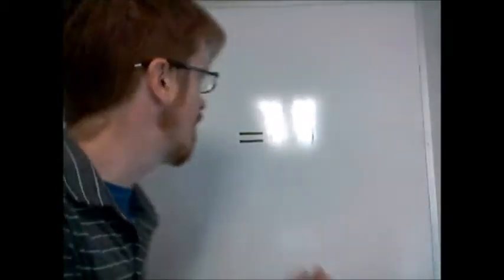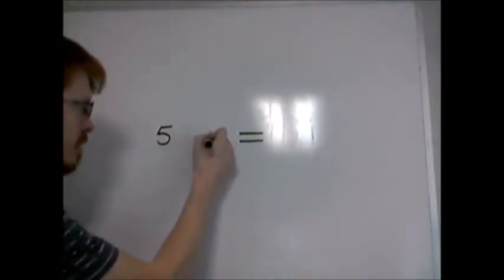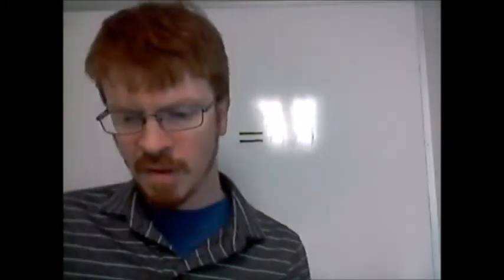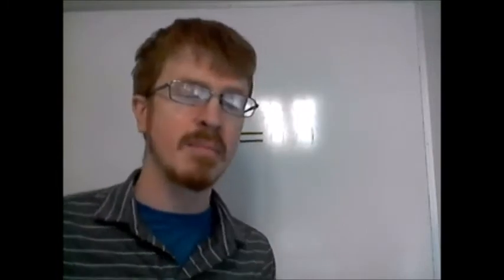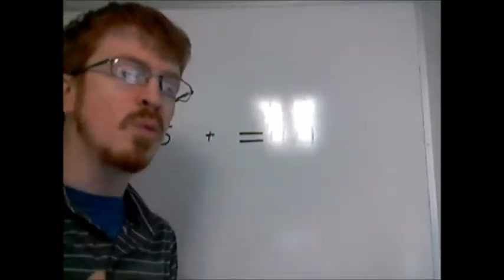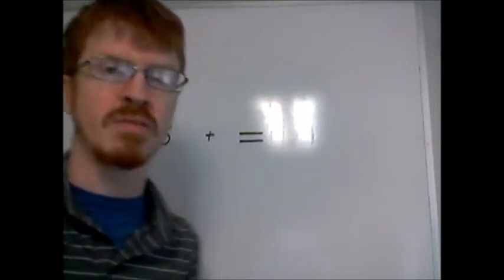So if it's 5 times the sum of something, that means whatever is added together, you multiply that by 5. So therefore it says 5 times the sum, so we have some addition in there. It says 5 times the sum of that number and -3. Well, it says that number, so that's our variable. If it knew what that number was, it would tell us, but it doesn't know, it's an unknown, so therefore it's the variable.